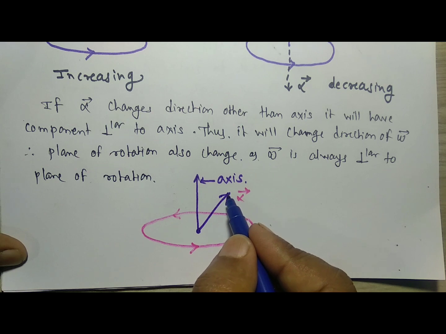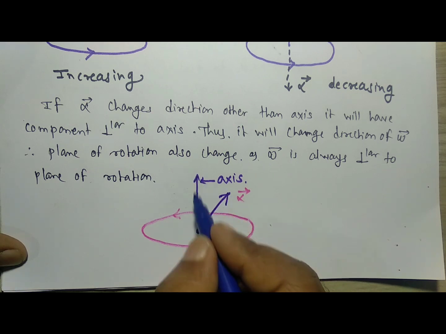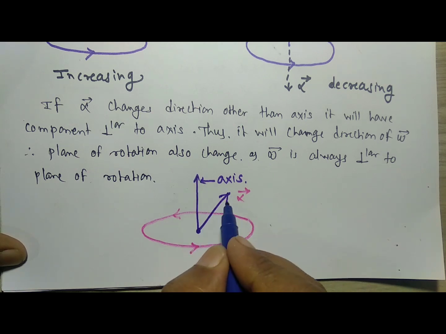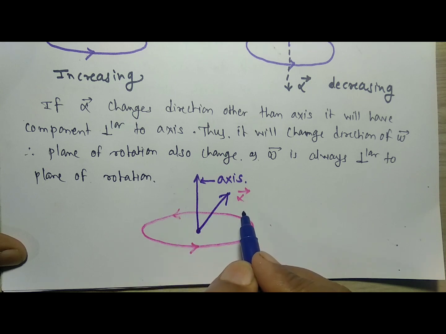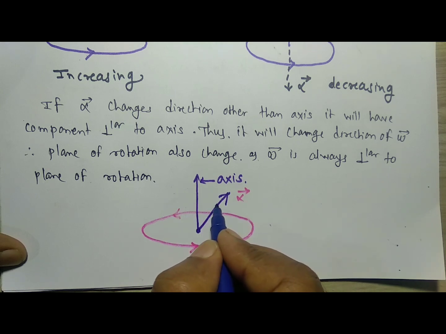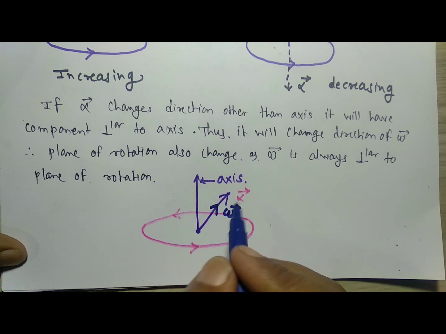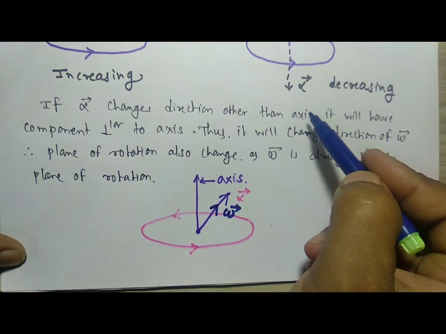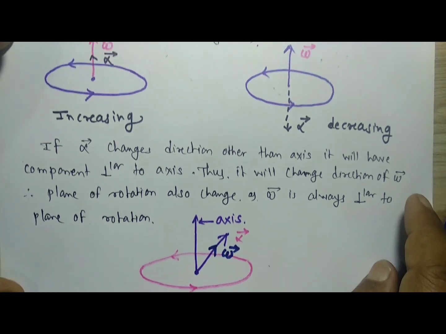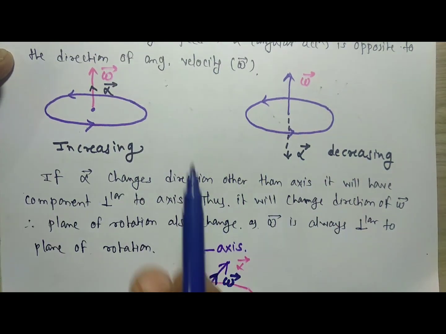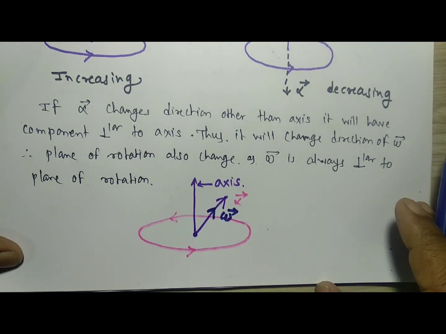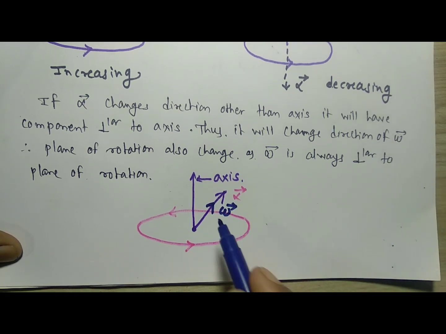At that time, the component of alpha is along the axis of rotation, but when alpha changes, angular velocity also changes its direction. That means angular velocity moves in this way because it is along or opposite to the direction. And at that time, alpha and omega are in the same direction, and the plane of rotation changes.